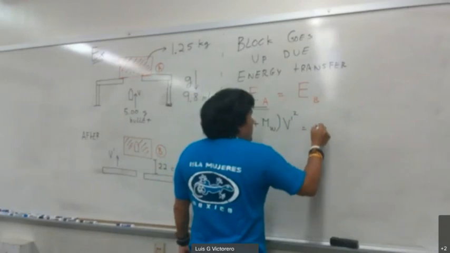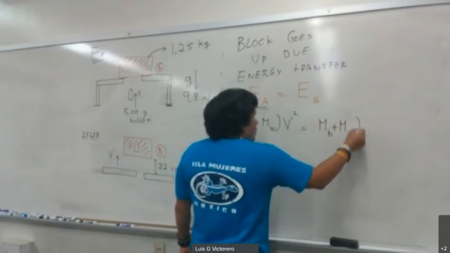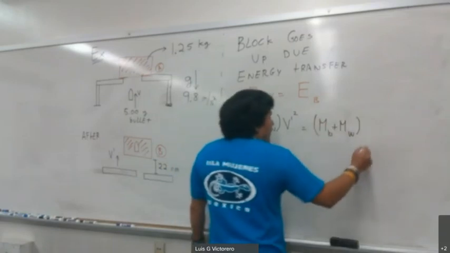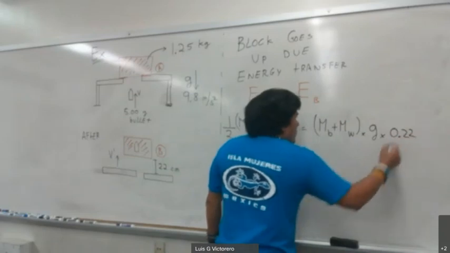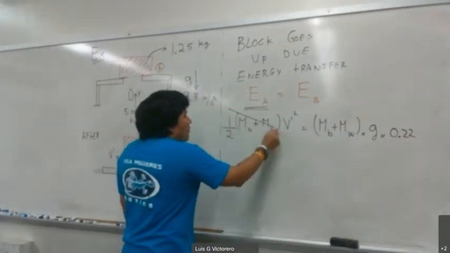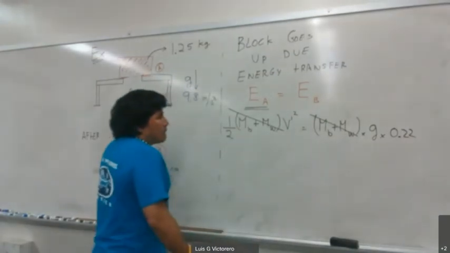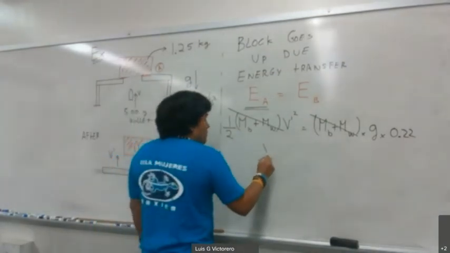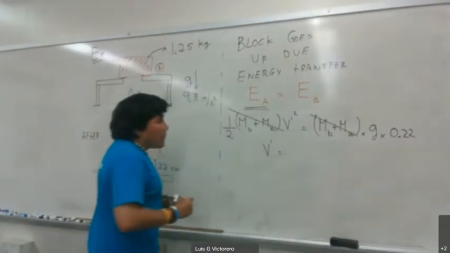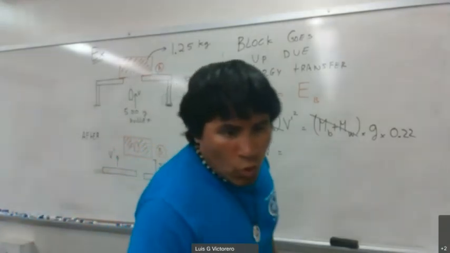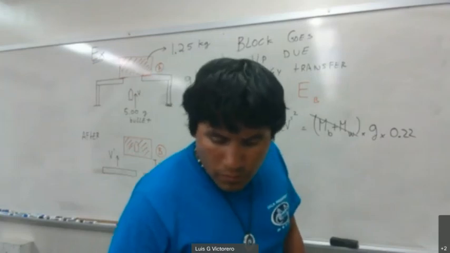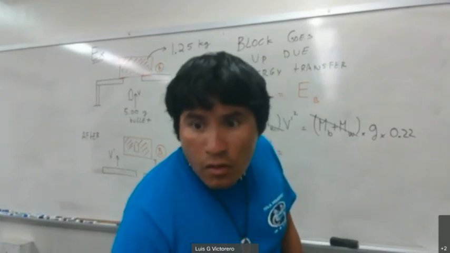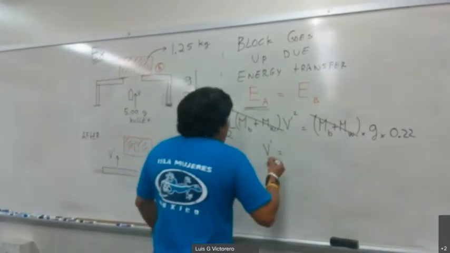Energy at B is just gravitational potential energy, or potential energy due to gravity: M, G, and H. So I can find V prime. V prime will be the square root of 2 times gravity times 0.22, which is about 2.1.